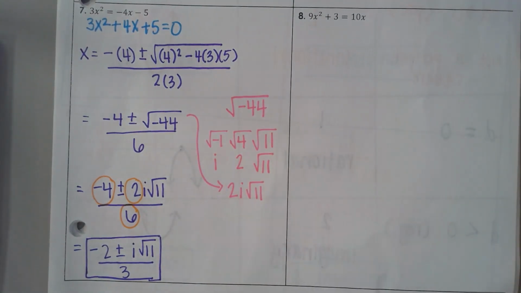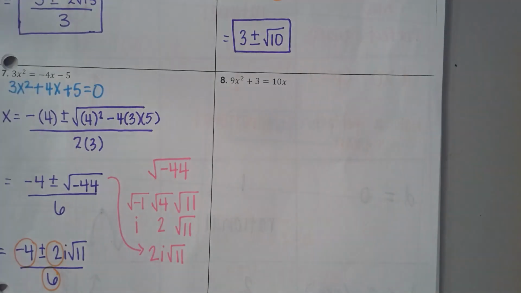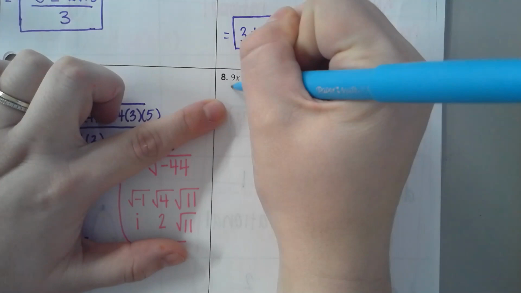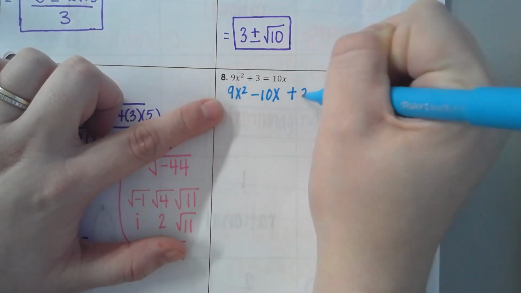I want you to try number 8 on your own. Alright, so you should have started by bringing the 10x over to get 9x squared minus 10x plus 3.